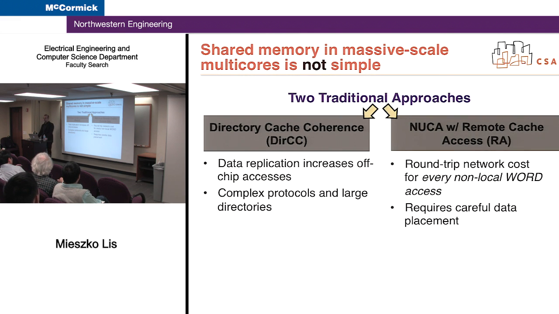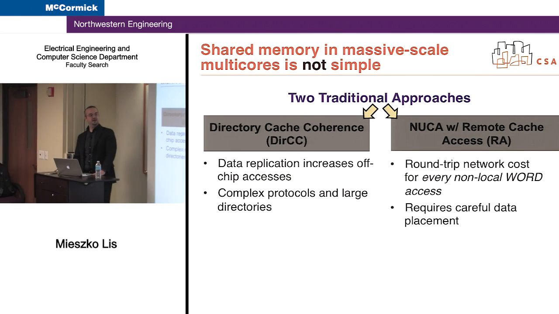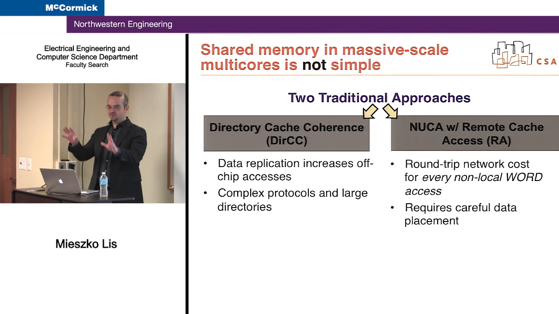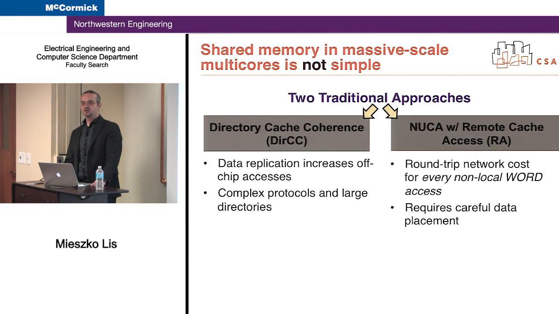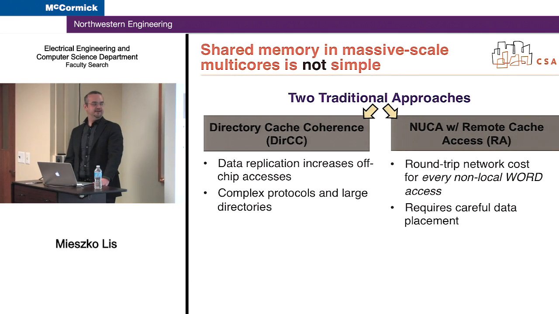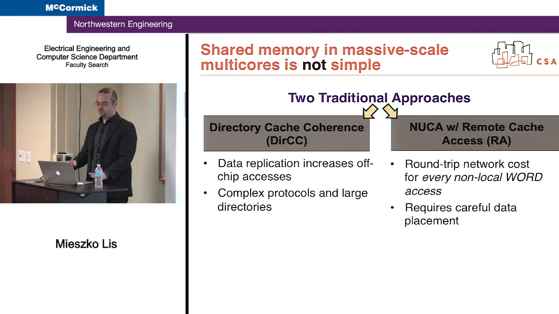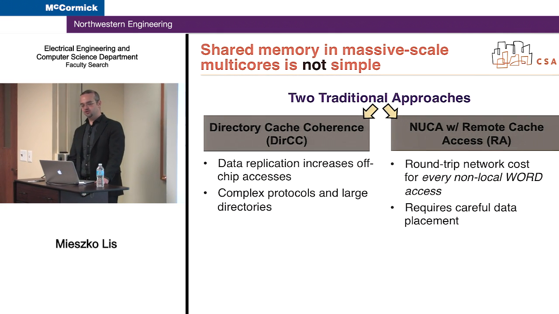And the 2 traditional approaches are to make a system with cache coherence. You have lots of small caches that are kept coherent by a complicated protocol, and they have these directories which can be large and take up a lot of space.